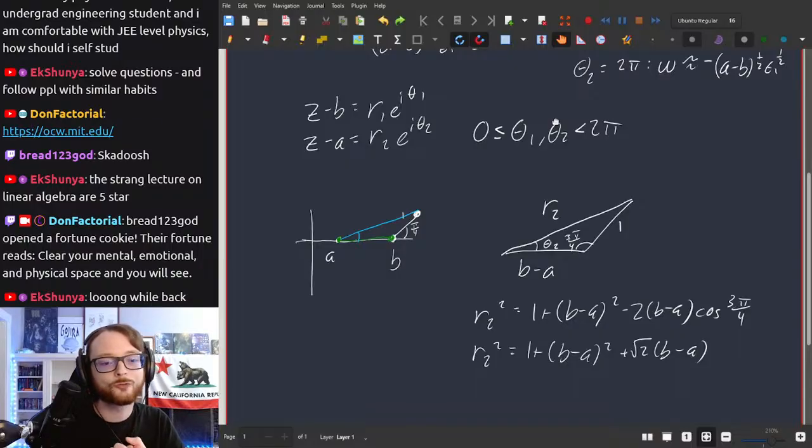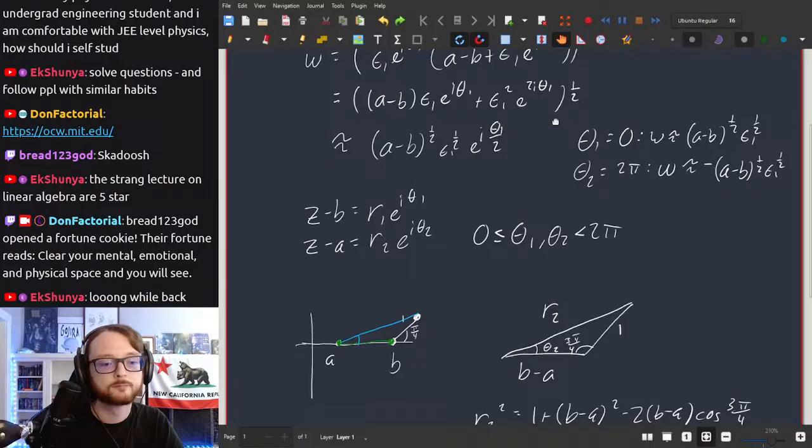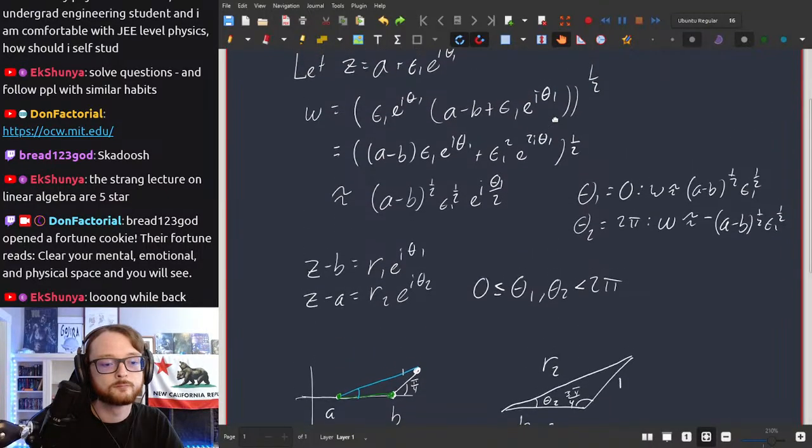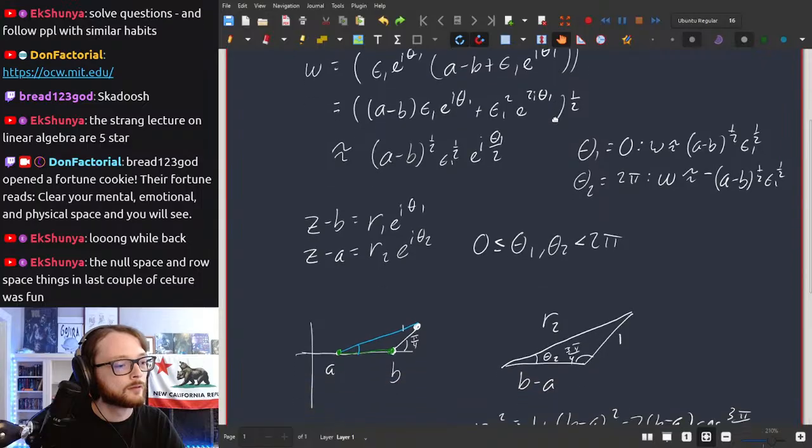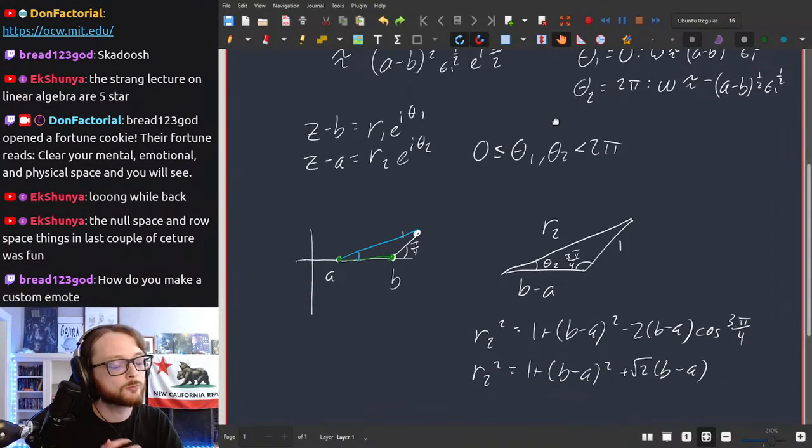I thought it was very interesting that he doesn't talk about linear transformations until the very end. It's an odd approach to linear algebra, but I assume he has a reason for it. I haven't quite been able to figure out why he would avoid it. The null space and row space things in the last couple lectures were fun.